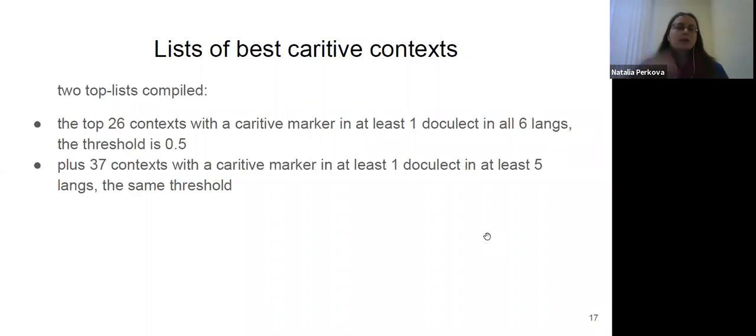And of course, you can look at the lower contexts if you want, but then decide whether you want to have them or not. And then 37 additional contexts for at least 5 languages. And this makes some sense because for some languages in the sample, there's only the New Testament part available, for instance, or even a smaller part of it.